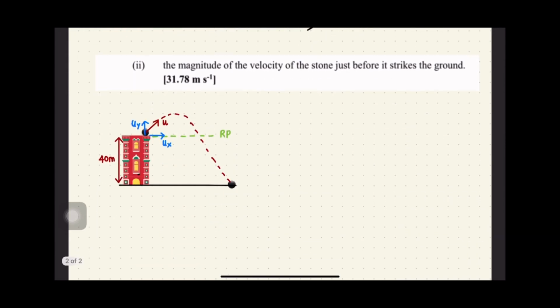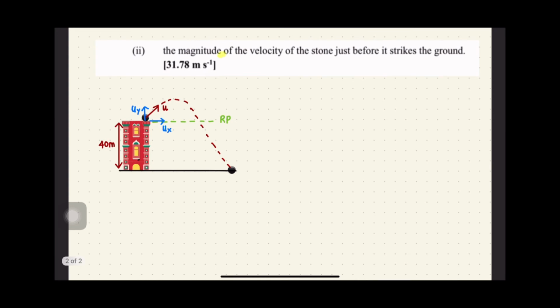Okay, so next, the magnitude of the velocity of the stone just before it strikes the ground. On the diagram here, the starting point is this one and the end point is here. What is the hint from the starting point to the end point? Bila you start dekat sini and then you end dekat sini, any information yang you nak cari dekat sini you boleh gantikan Sy is equal to negative 40 meter.